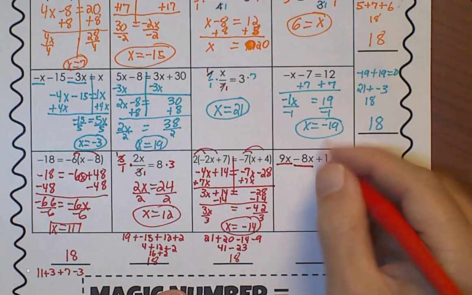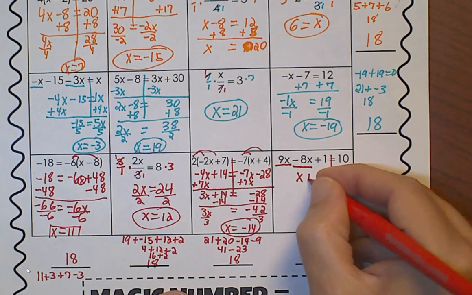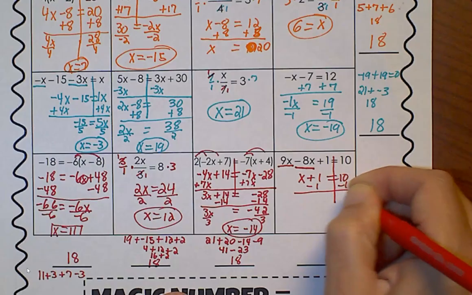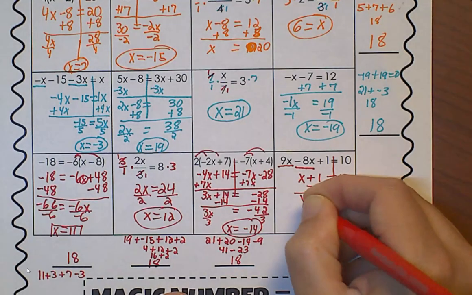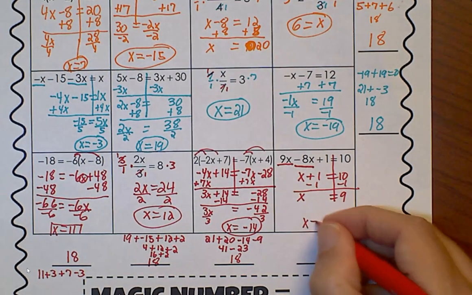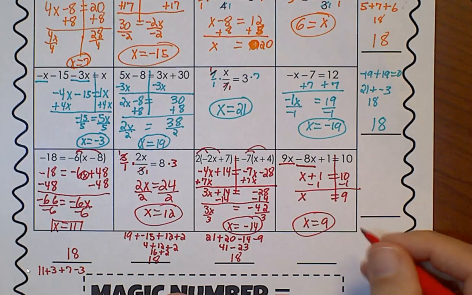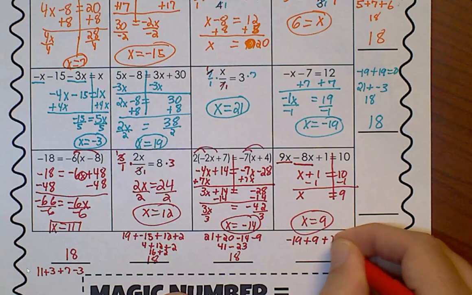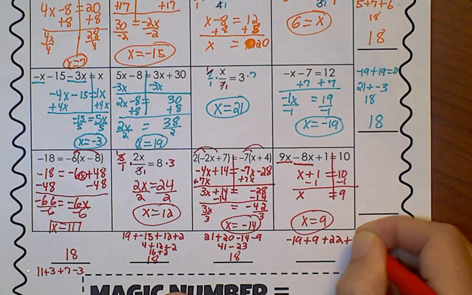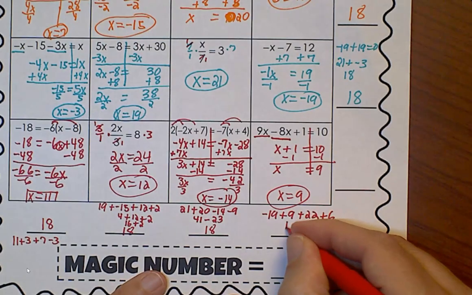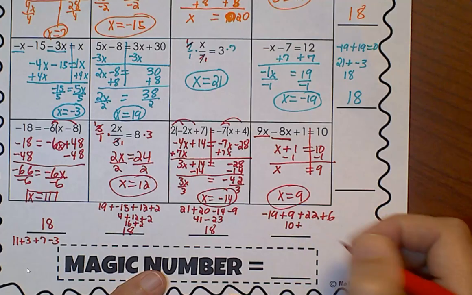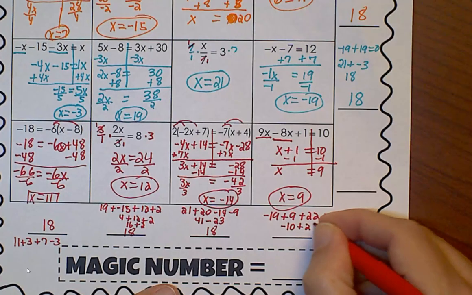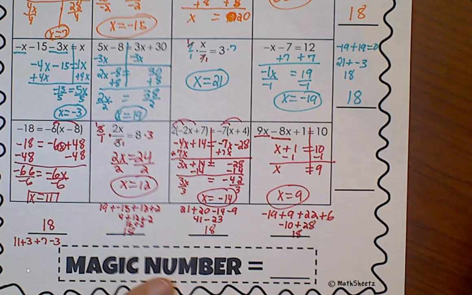So if they're on the same side, put them together. So we got negative 19 plus 9 plus 22 plus 6, 10 plus negative 10 plus 28 be 18.